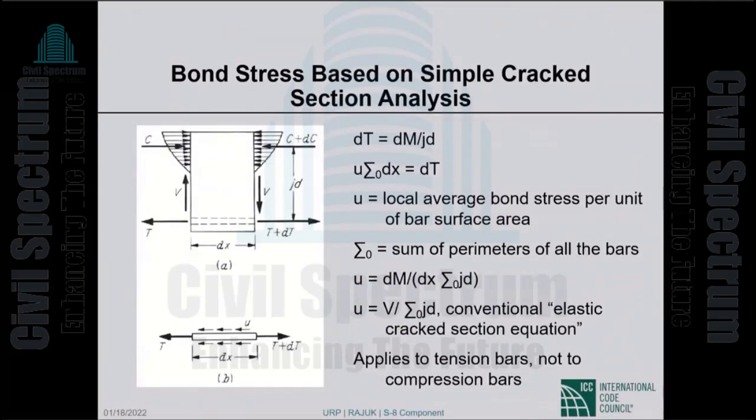The same picture, but now we will look at a few things. So dT, the incremental tension in the reinforcement, is the incremental moment between the two sections, the left and the right, divided by the lever arm. Tension is equal to moment divided by lever arm. So this is an understandable relationship.